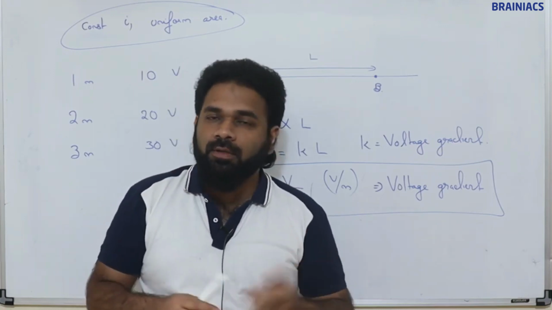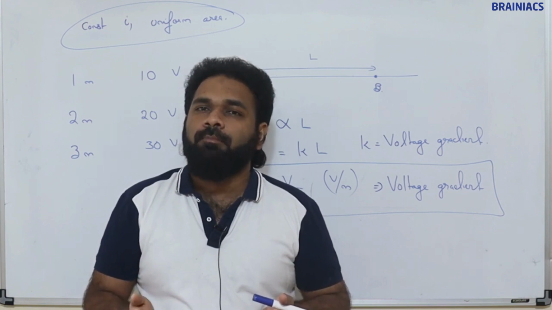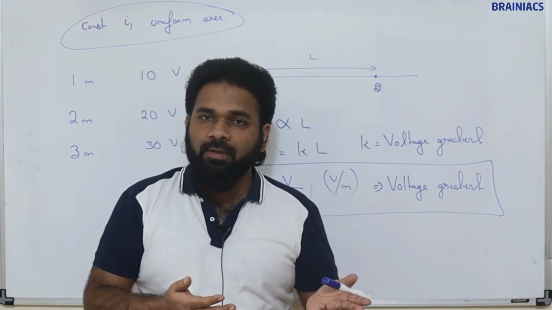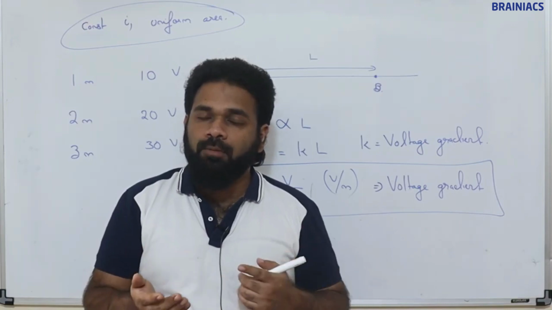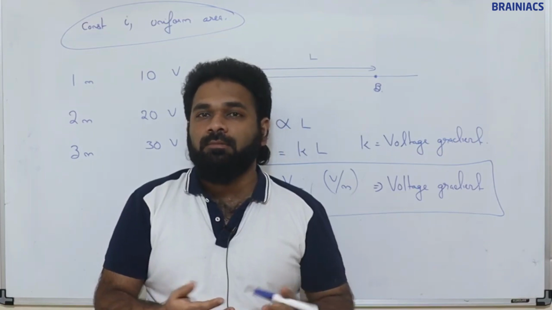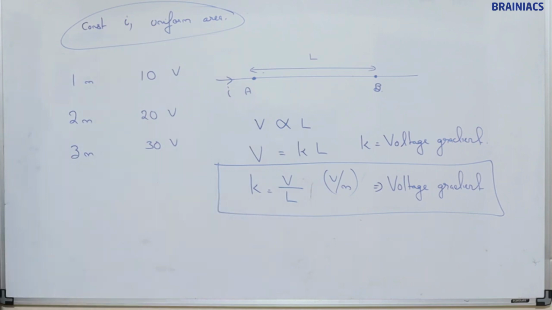Then for 2 meter it is going to be 2 volt per meter into 2. For 10 meter, 2 volt per meter into 10. Likewise we can calculate. So take this: voltage gradient is nothing but voltage drop per unit length.